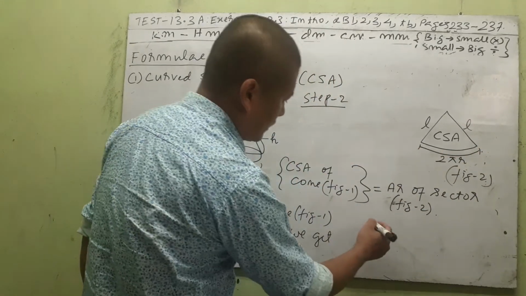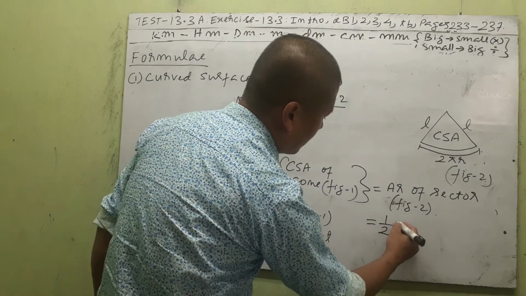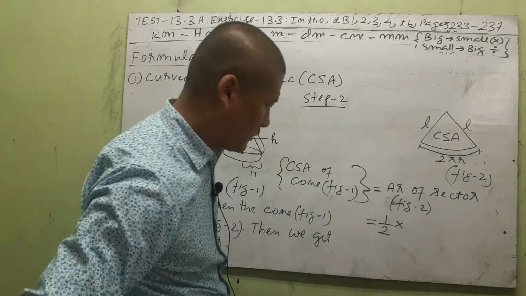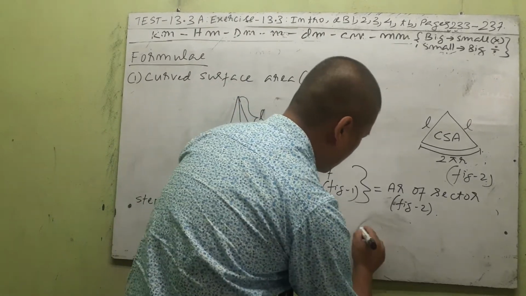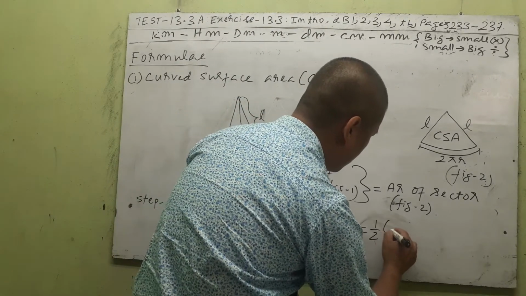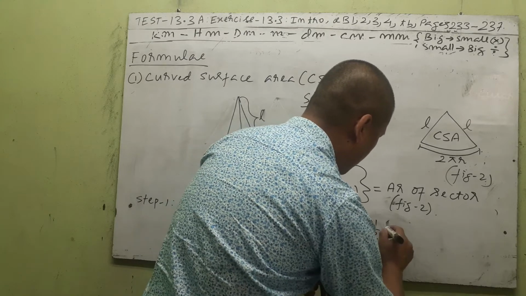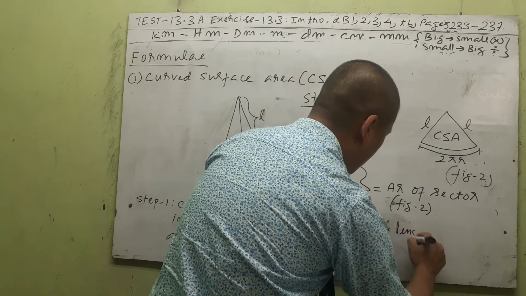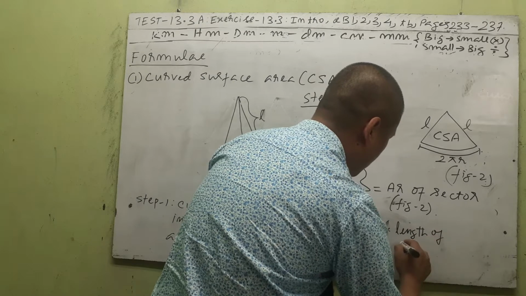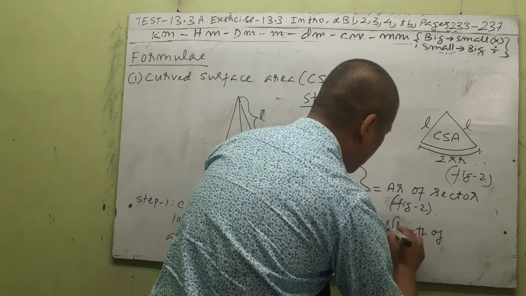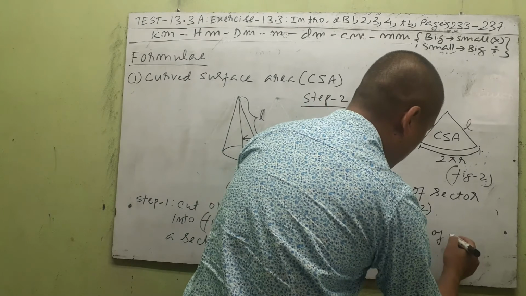So we can write here, the area of a sector formula is half into length of the arc multiplied by the radius of the sector. There is one formula for the area of a sector, you just memorize it. Length of the arc means from here to here.